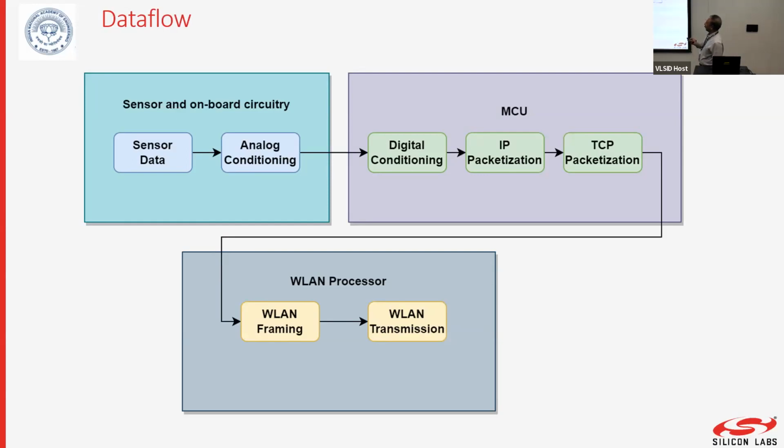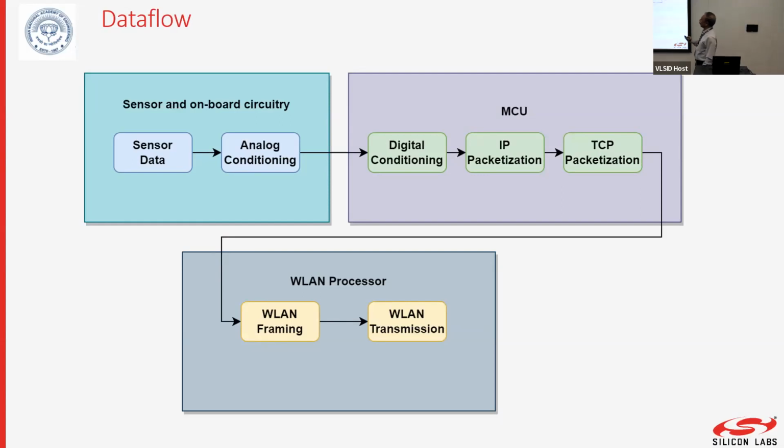And then you look at digital conditioning in the MCU. Digital conditioning is to do filtering and try to eliminate redundancies, try to reduce the amount of data. Take 4 samples of the same sensor and see whether there is too much divergence, then don't even send that data. Okay, the things we can do.